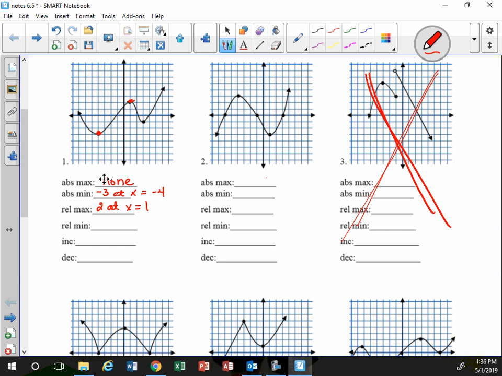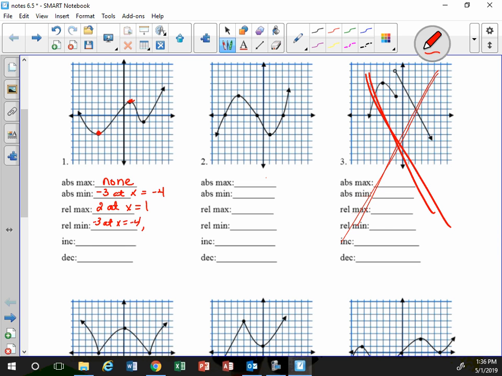Okay, now relative min. If you have an absolute minimum, it's also a relative min. If you don't want to list it twice, I don't care. So you could certainly list -3 at x equals -4, but if you left that off, that's okay. And then do you see another relative minimum?